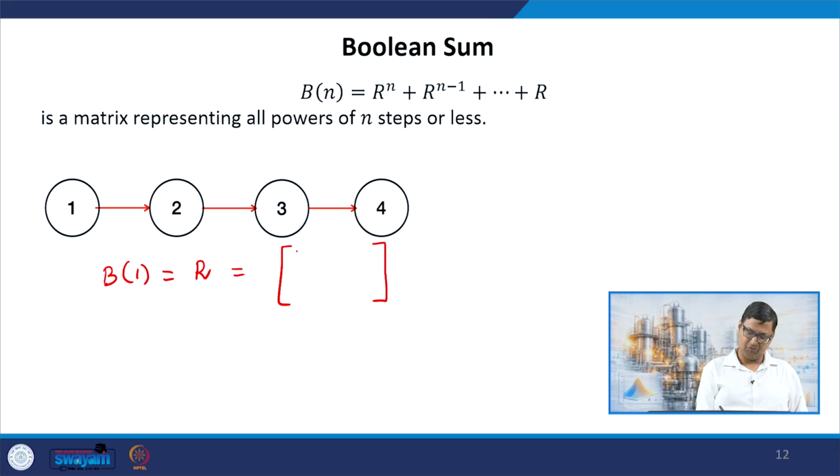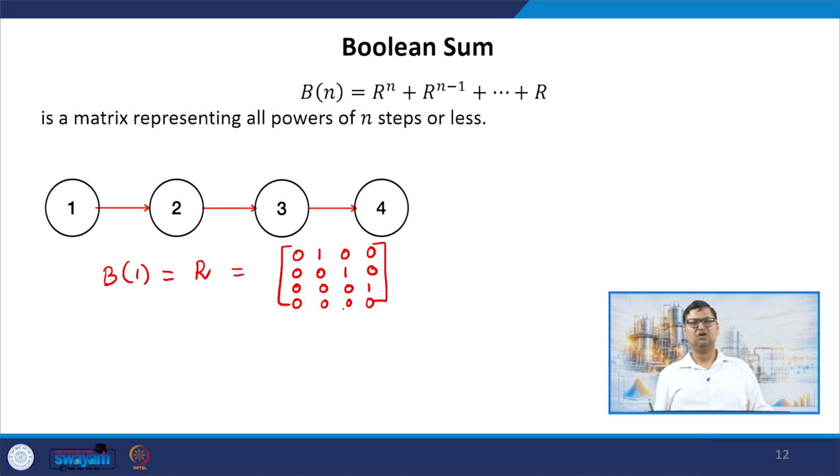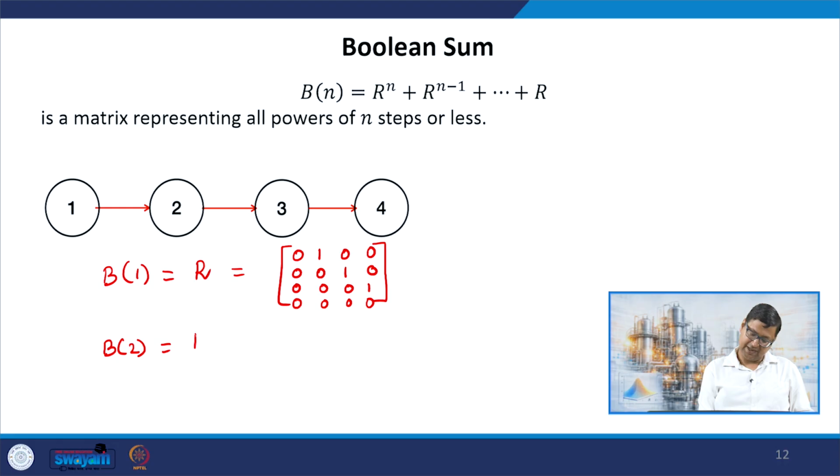So we have from 1 I can go to 2, from 2 I can go to 3, from 3 I can go to 4, and from 4 I cannot go anywhere. Wherever you are in doubt, you can always go back and write the labels from and to, right? B2 is my R plus R square.